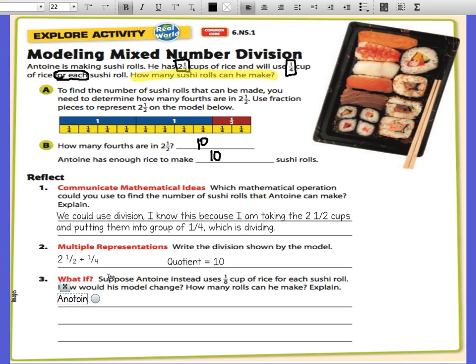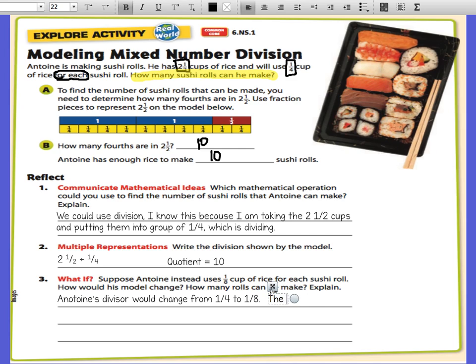Antoine's divisor would change from 1/4 to 1/8. Essentially we would be doubling. Instead of getting 4 out of 1 cup, we would be getting 8. So we would really be doubling the amount that he can make.